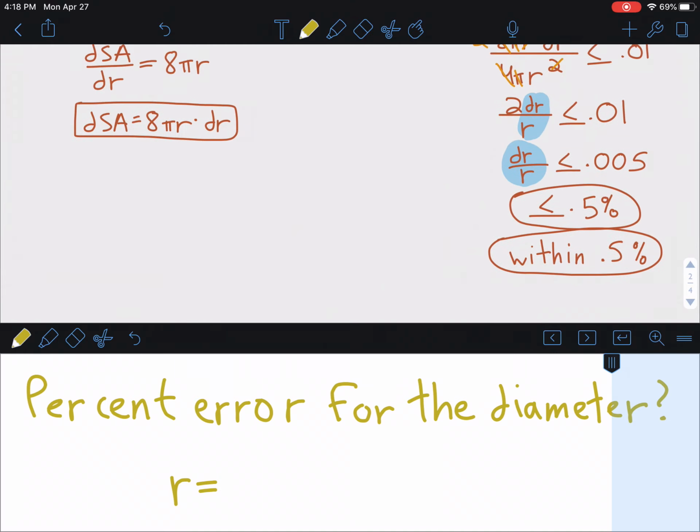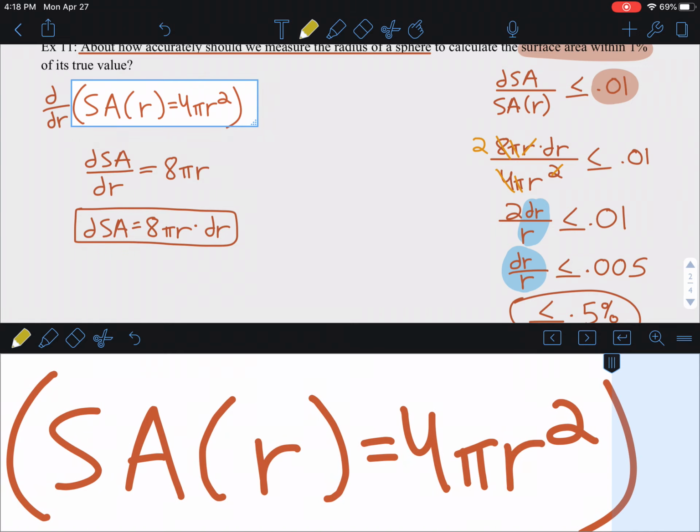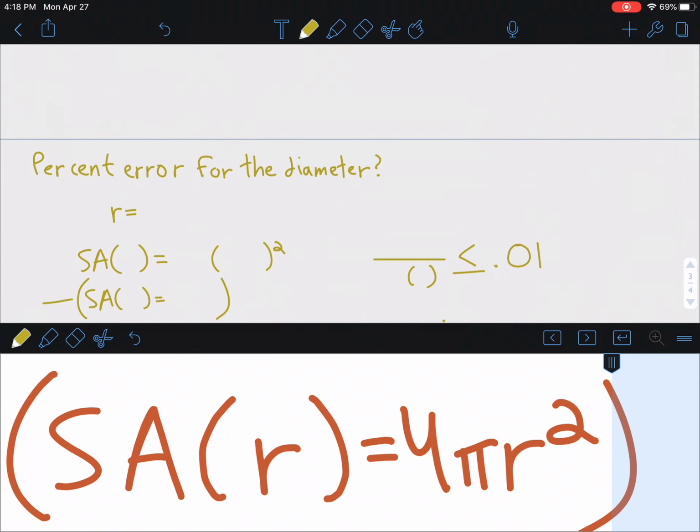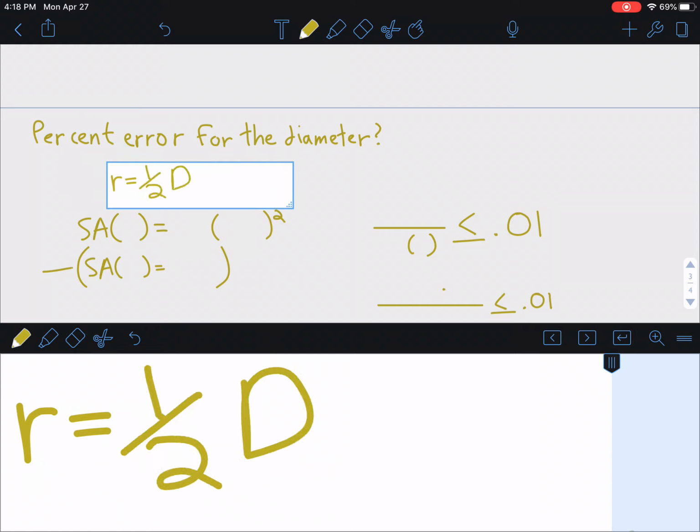We have a surface area formula in terms of the radius of a sphere, 4 pi r squared. But we can do a little bit of substitution here, because what is a radius? A radius is half of a diameter, okay? Now, real quick, I like to use the capital D for diameter just to make it a little bit different from the other d's when we're doing derivatives.